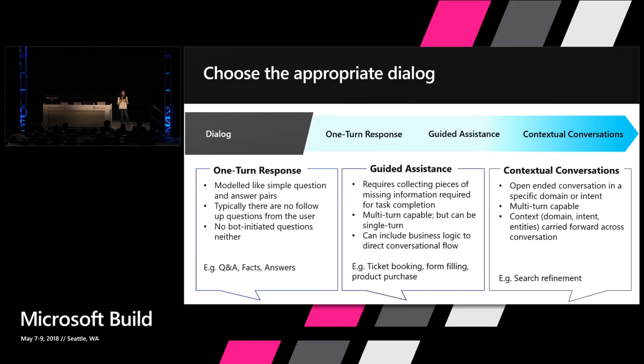If the user already gives all the information in the same turn, then you don't have to. Common scenarios are ticket booking, product purchase, or form filling. The third one could be a one-turn response or a guided assistant, but it adds context. It could be the context of the user, the context of the previous turn, or the context of the environment.